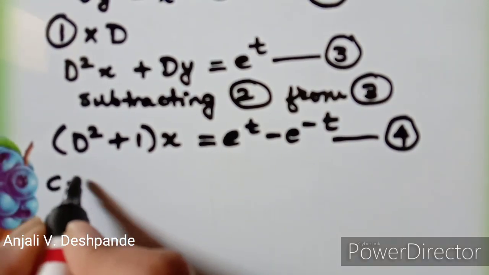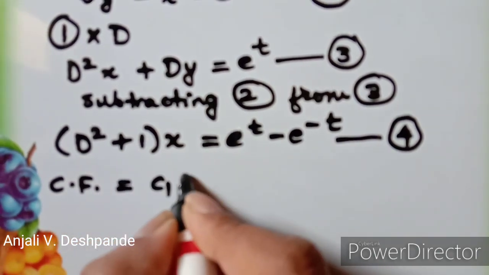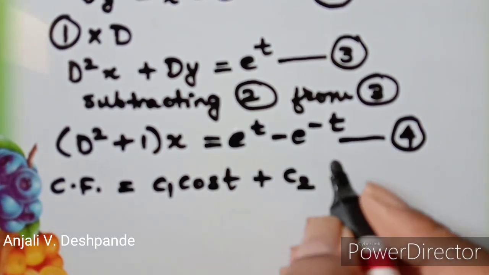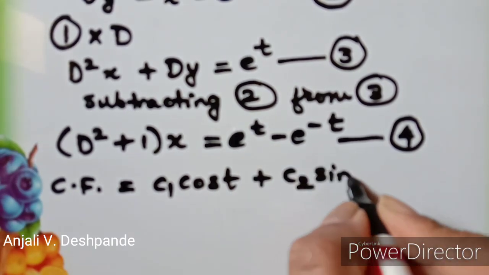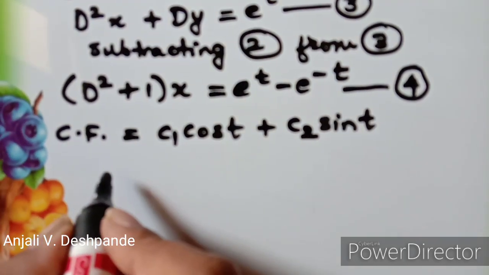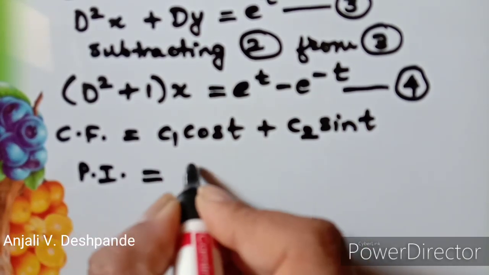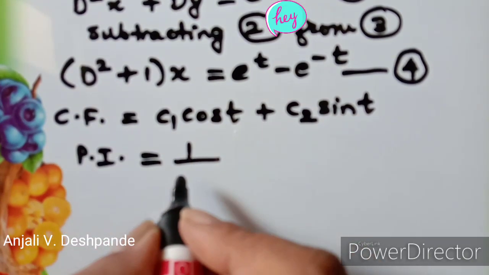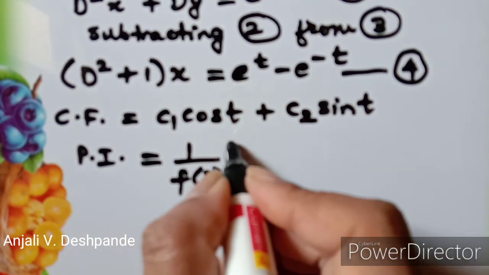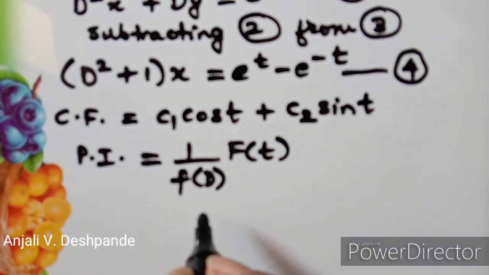So I will directly now write over here CF is equal to C1 cos t plus C2 sin t. So that is the CF. Now for the PI, obviously once again the link is being given to you of how to find the PI, so please refer to that. So this is the function, it is given in terms of t, therefore I am writing f of t.